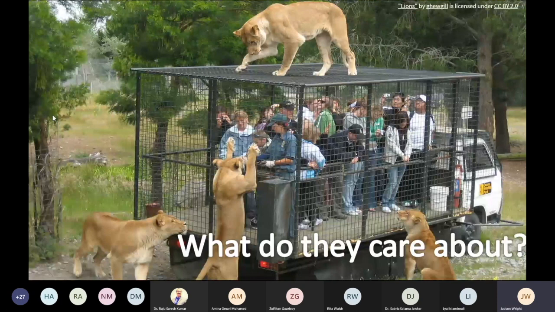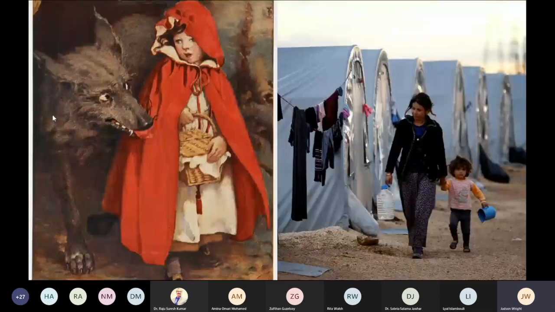I really love this, not just for random photos, but also because it is flexible, anywhere from fairy tales to, for example, looking at a refugee camp or other places, depending on the age of your students and the topics. You can go into about any environment, any situation, any story, and think, what are the motivations?